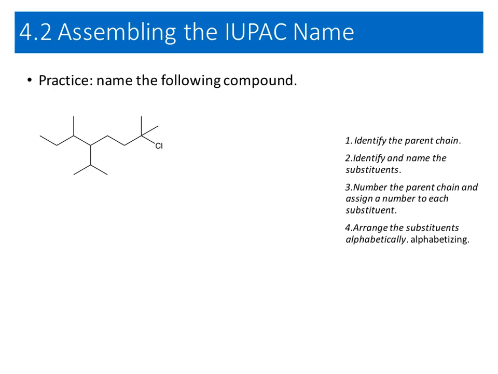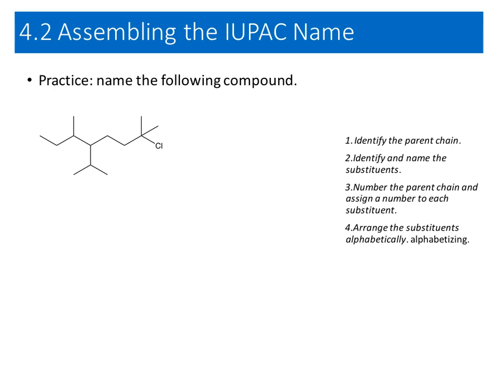Now let's do a practice and use all of these rules to name this molecule. So the first step is to identify the parent chain, which is the longest chain possible in the structure. I can start counting, for example, this way or that one. So there are multiple routes that you can start counting the molecule.